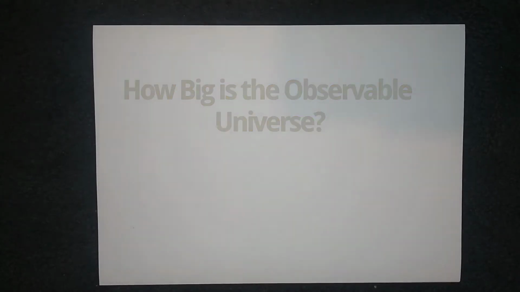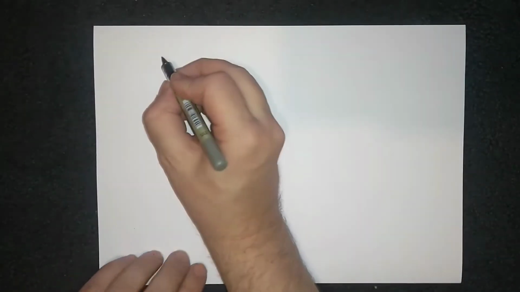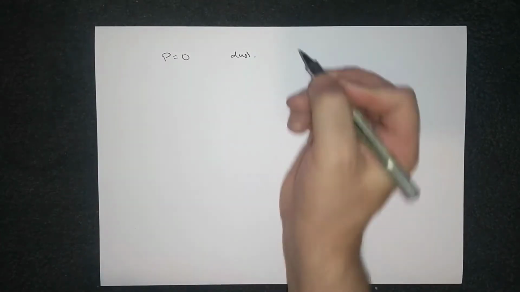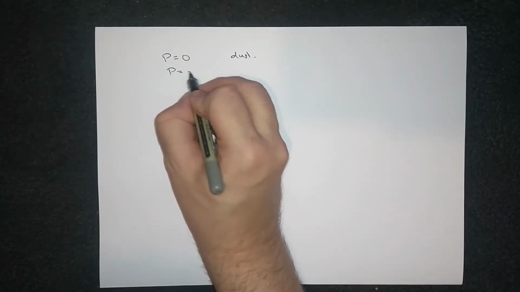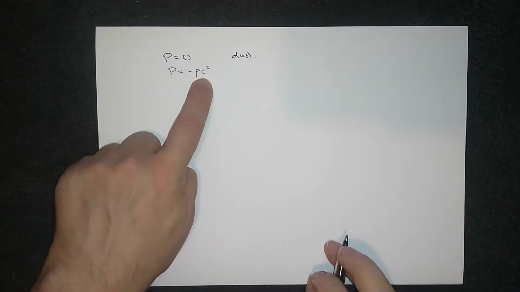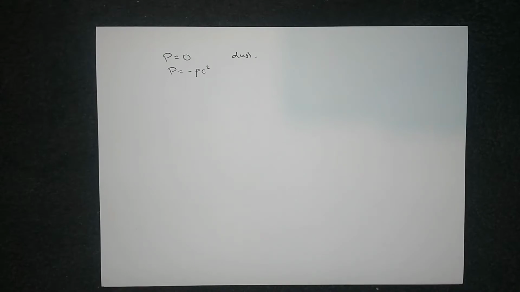The matter and dark energy obey the equations of state P equals 0 for dust and P equals minus rho c squared. So P is the pressure, rho is the mass density, c of course is the speed of light.